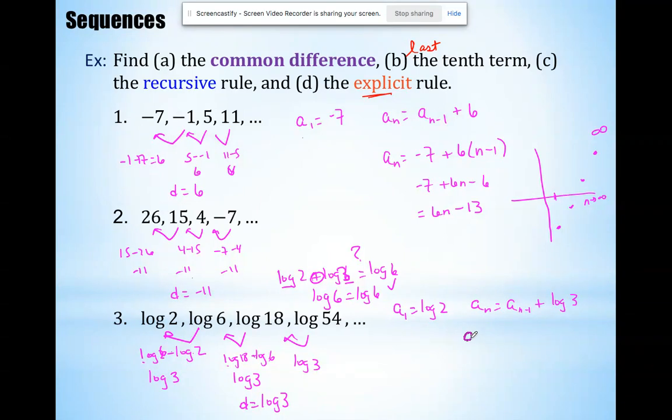How about the explicit rule? The explicit rule is the first term plus the common difference times n minus 1.